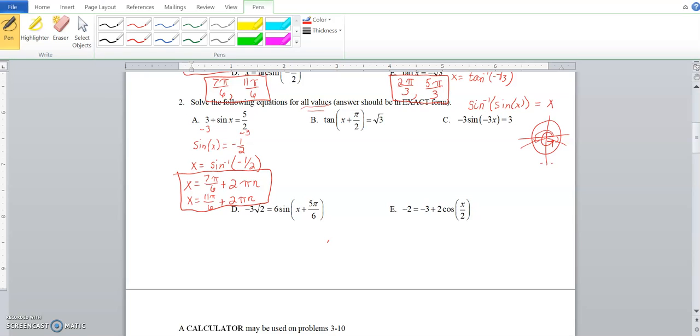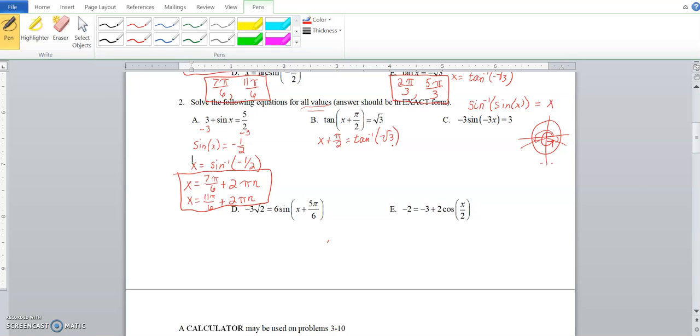All right, so here we do have tangent by itself. So this is kind of nice. We just take the tangent inverse of both sides, and we see that x plus pi over 2 equals the tangent inverse of the square root of 3.